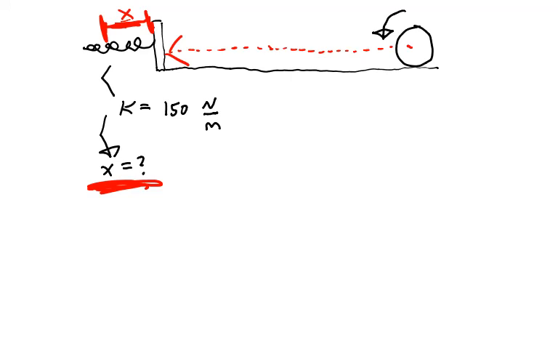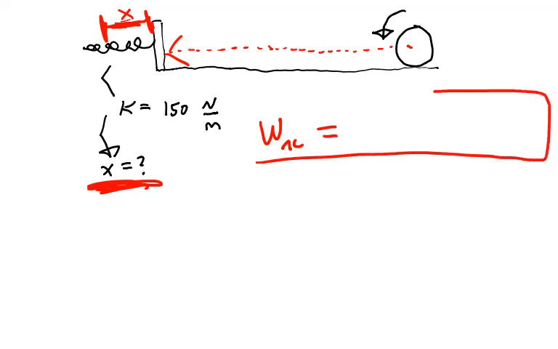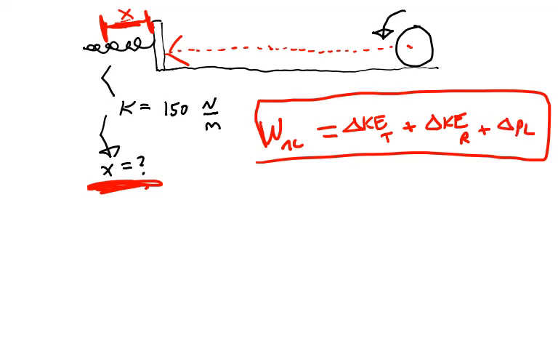If you want to try this one, again, you're using non-conservative work, and you're dealing with different kinds of energies here. Change in kinetic energy, translational and rotational, are still there. The third one is change in potential energy of a spring, which you might need to look up. So go ahead and pause the clip, see how far this will compress.